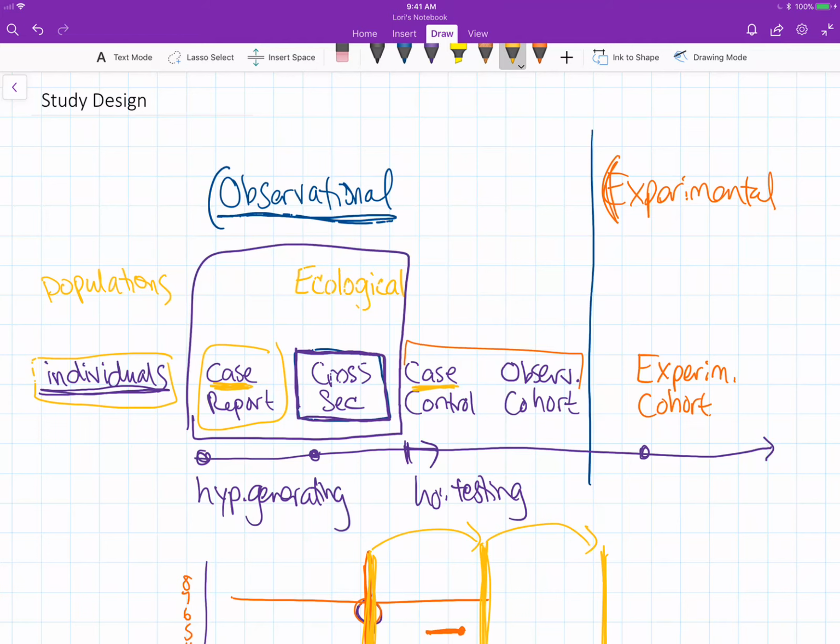A case series is maybe there are two or a few cases, but the important thing to realize is that there is no comparison group. This is way over here on the spectrum of kinds of studies that we do. We're literally just reporting about the cases. We're not trying to even compare them to anybody else.